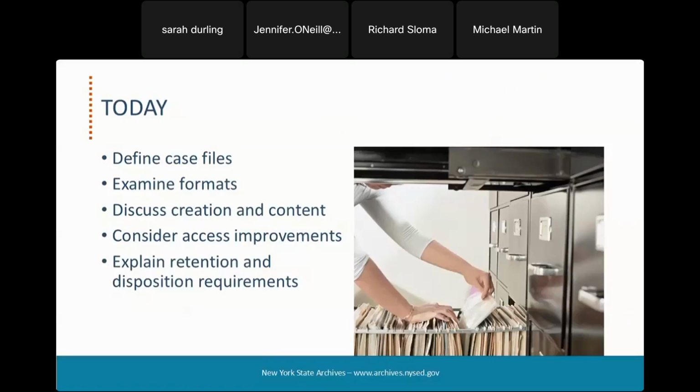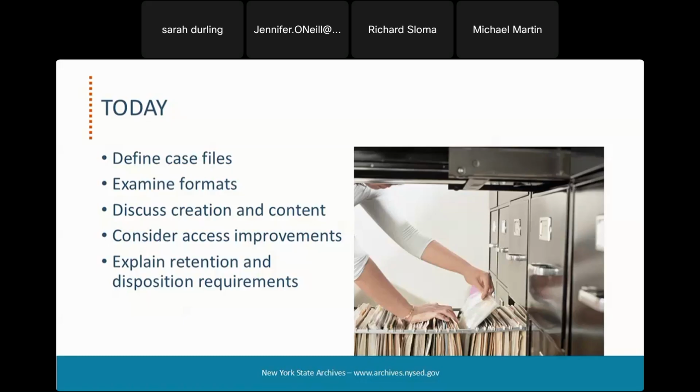So, first things first. What exactly are we going to be talking about today? We're going to define what case files are and look at some examples that are found in government, and various formats that are used to maintain and preserve them as well. We are going to discuss their creation, what is inside of them, and look at ways to improve their access, including some digital options.